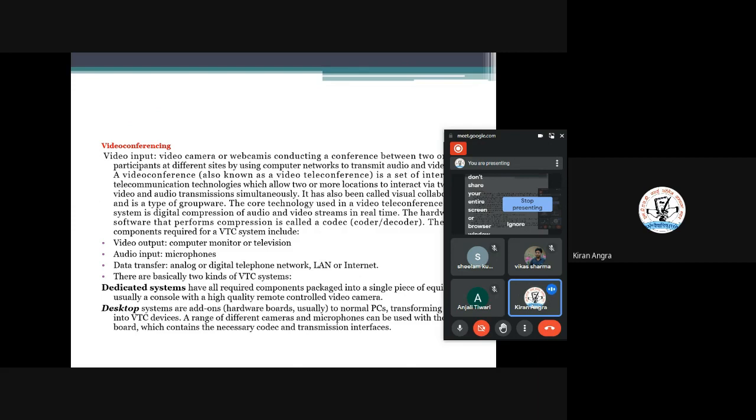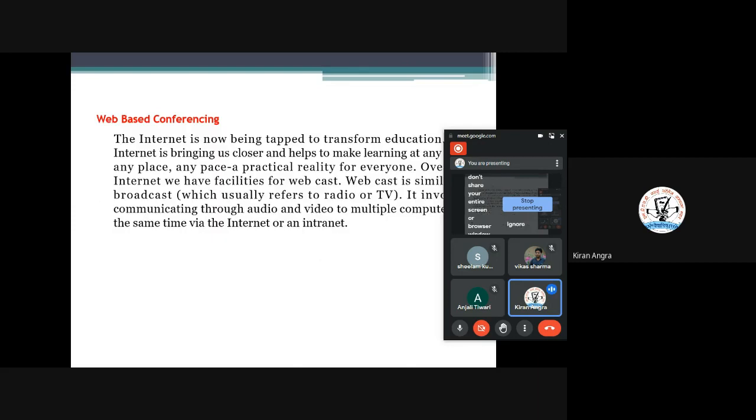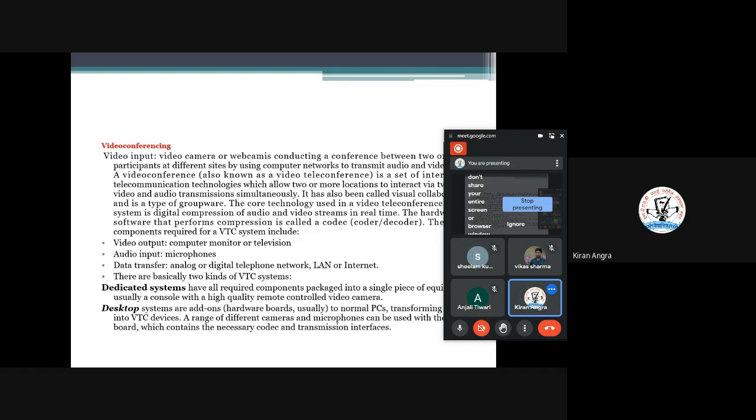What are the advantages of using video conferencing? Here the learning is always collaborative. We can study together. You need not leave your home or place of work. You can socialize, and face-to-face meetings are there. But there are limitations because there can be technical failure in the equipment.